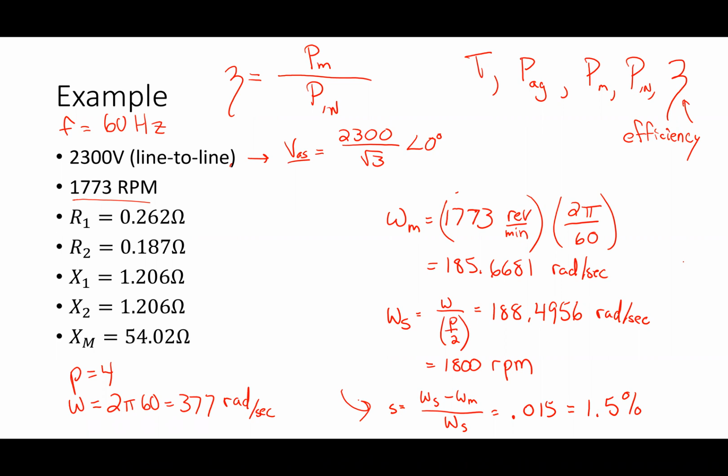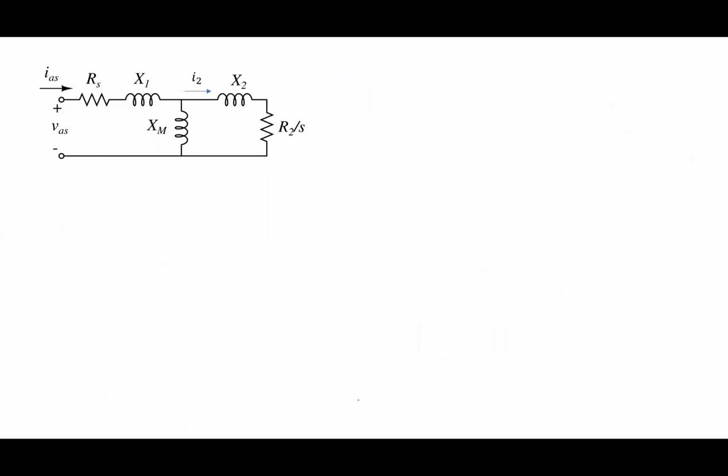Now that I have that, what do I do? How would I get to my I2? Circuit analysis. So I have my VAS. This is where I'm applying the phasor domain. In my pictures, when I write little v, little i, that's standard notation for time domain variables.